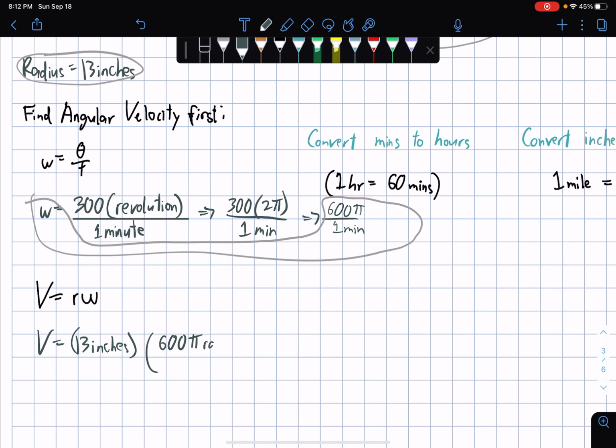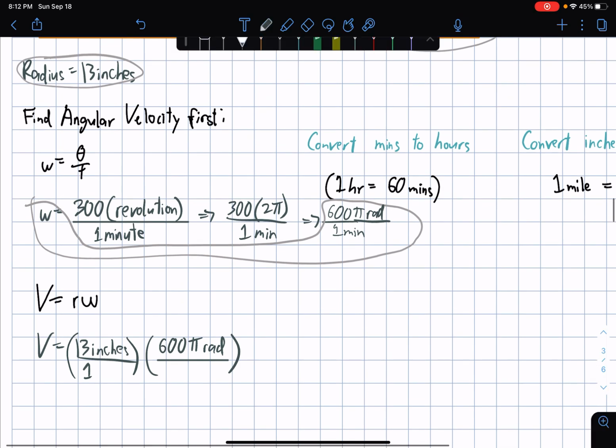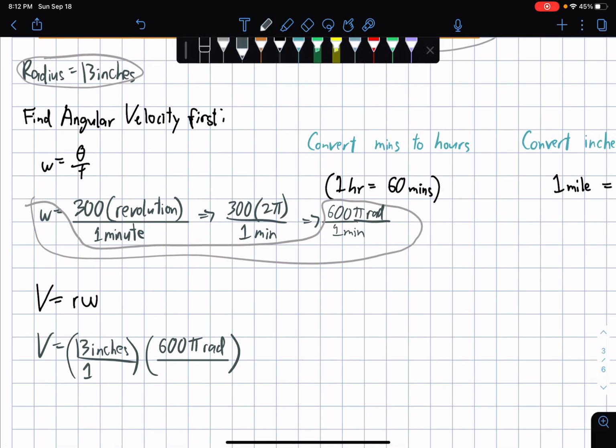600 pi radians. By the way, it's best if you put rad after every numerator in the angular velocity. It's more appropriate to put the unit of a quantity. For any given radius, the denominator will always be 1 rad, so 13 inches per 1 rad.